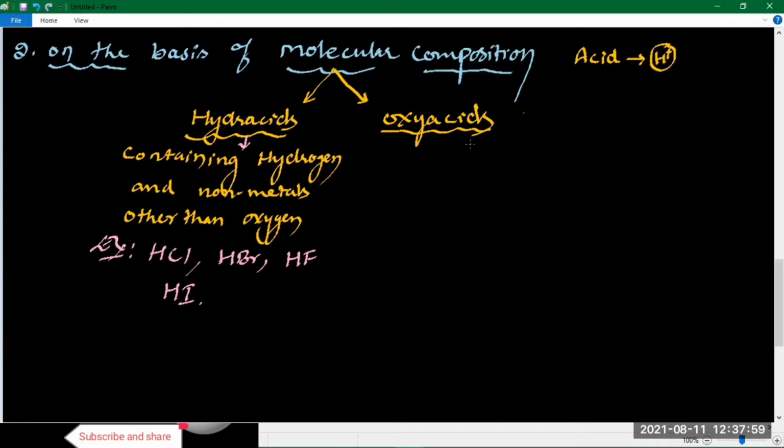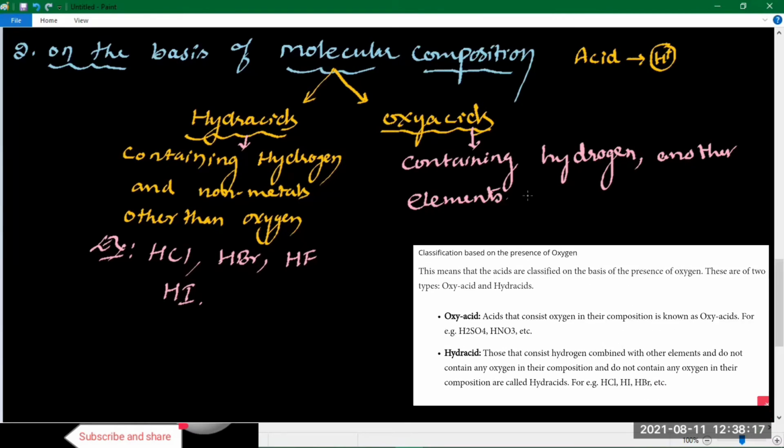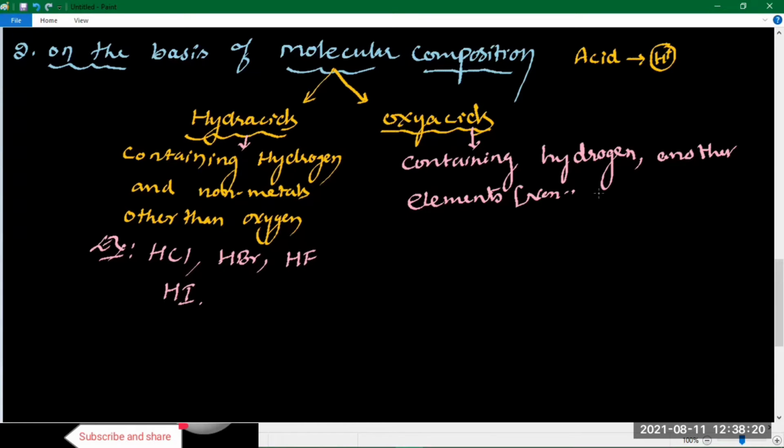In the same way, oxyacids means the acids which contain hydrogen as a common atom, and other elements, almost only non-metals, including oxygen.